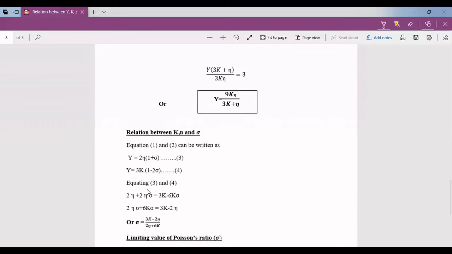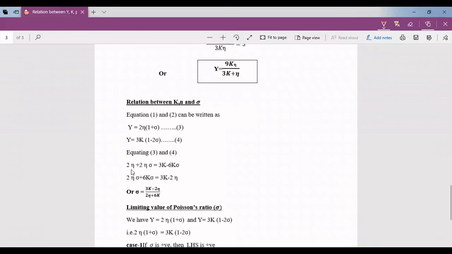So as you equate equation 3 and 4, the equation will become 2 eta into 1 plus sigma. So open the bracket and write it here. That is equal to 3K minus 6K sigma.